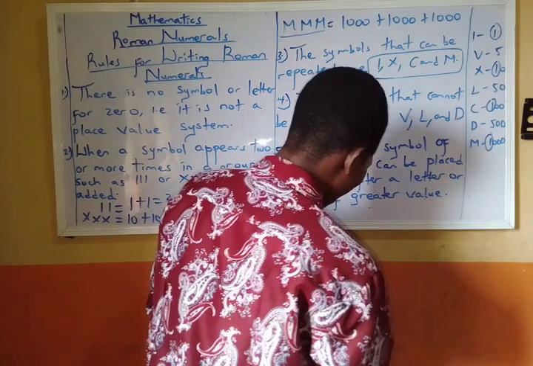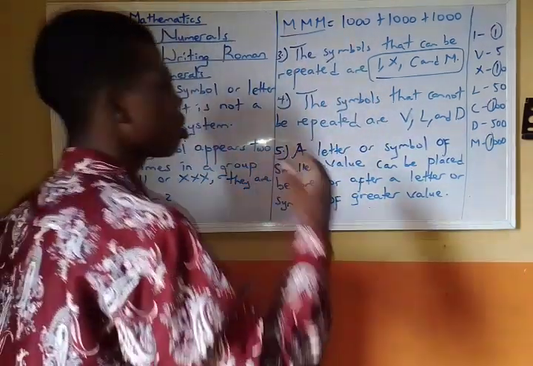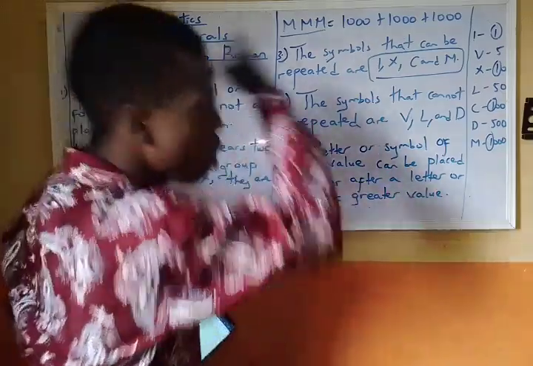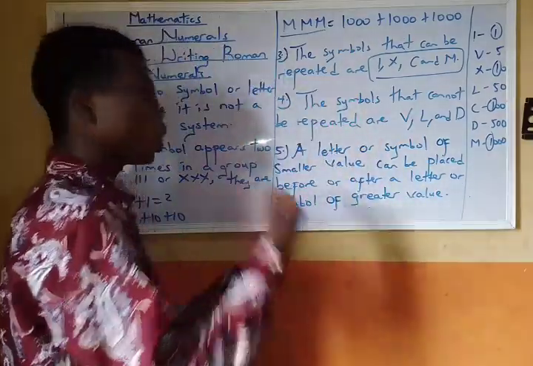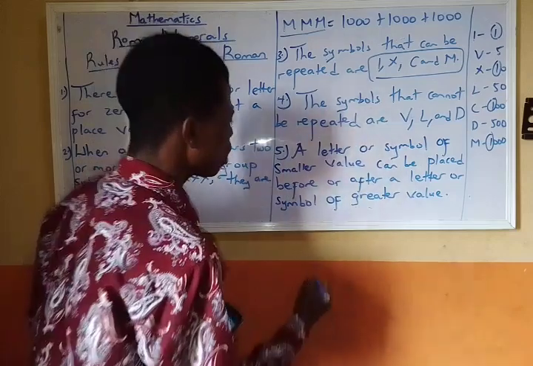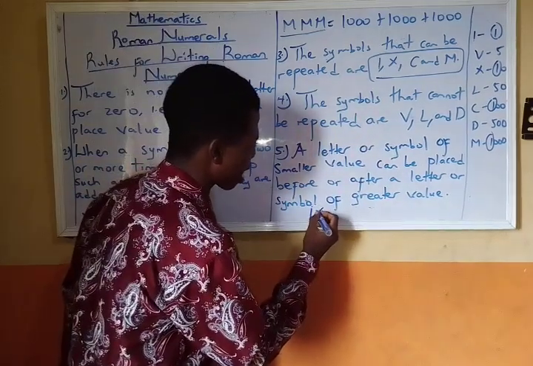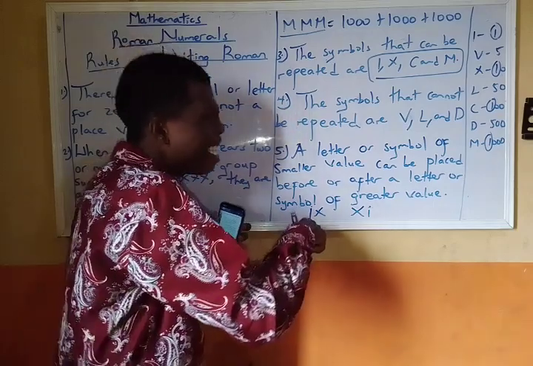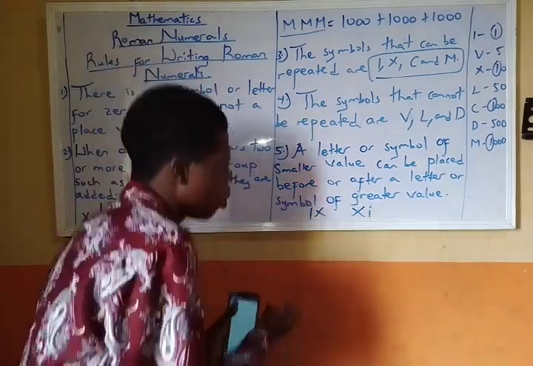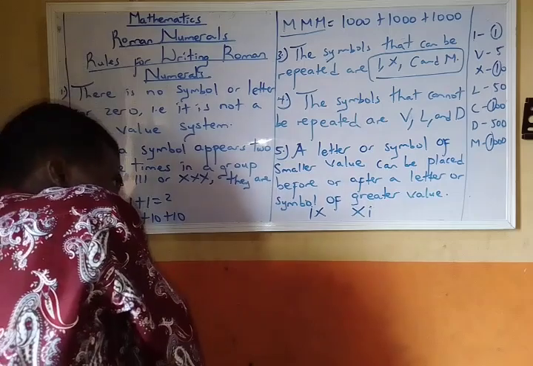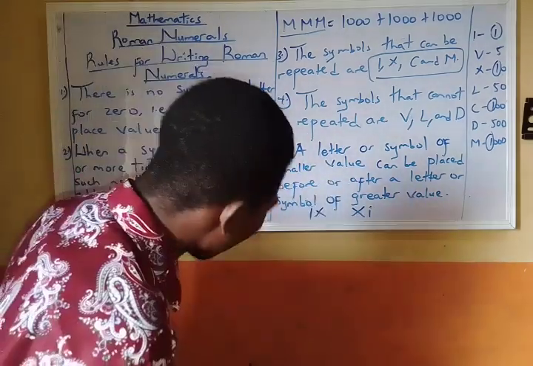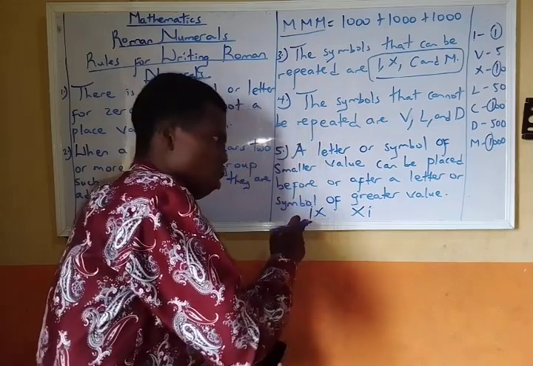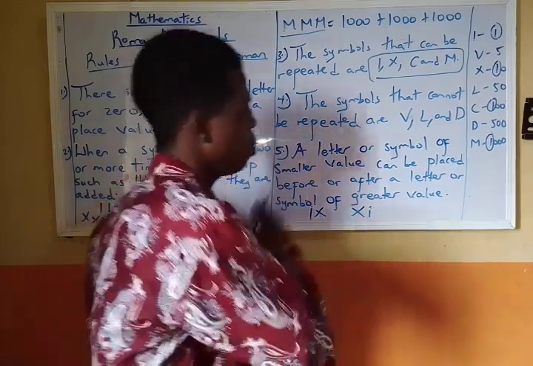That means that a letter or symbol of smaller value can be placed to the left or right of a letter or symbol of greater value. That's why you can see something like IX or XI. You notice that this I is a letter of smaller value, so it can be placed before or after a letter of greater value, which is X. You can see it here before, and here after.